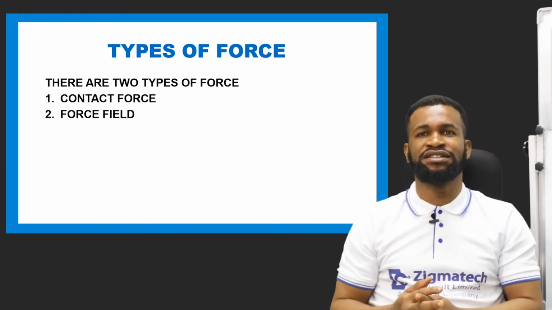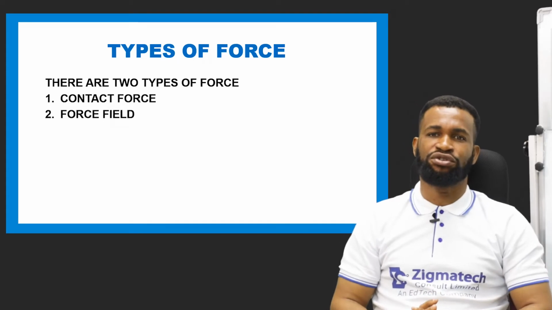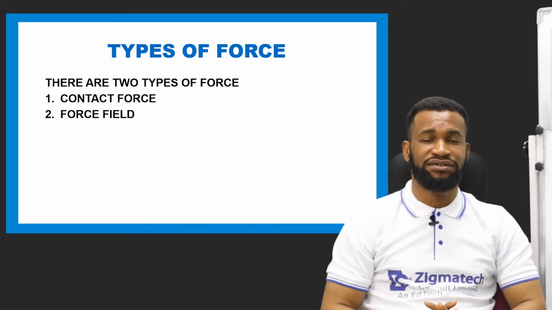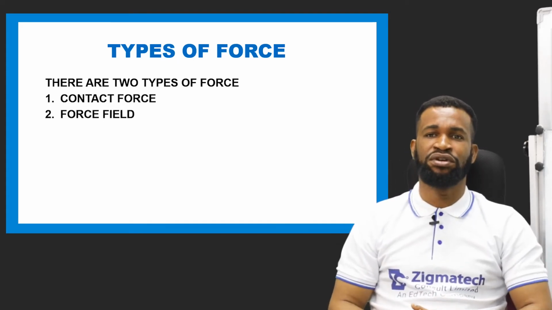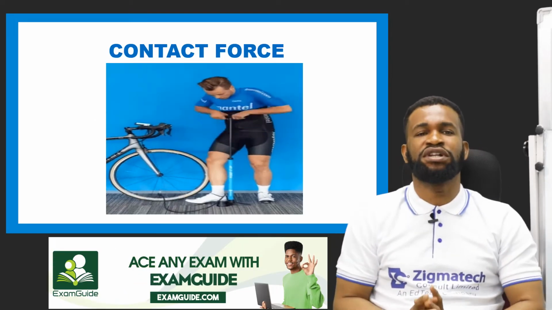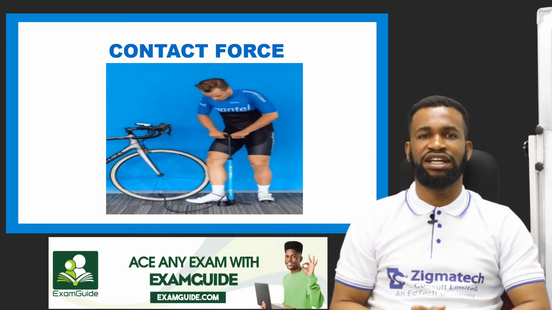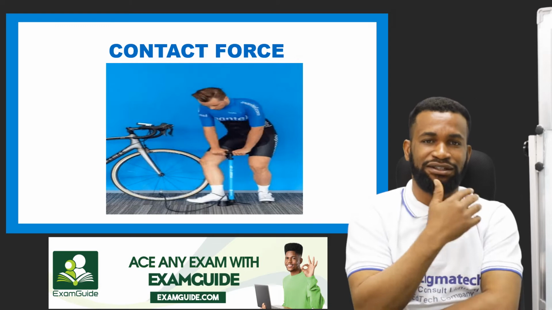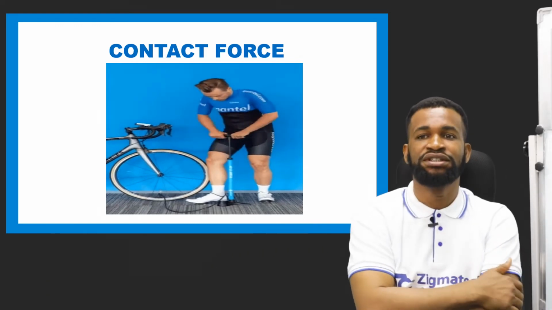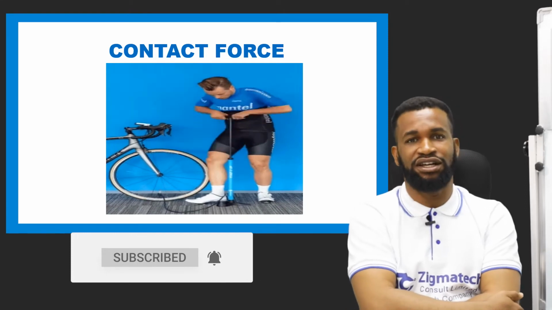Now, there are different types of force. The first one is called contact force, and the second one is called force field. What is a contact force? As you can see, the young man is using the pump and applying the force at the handle, pushing the air down in order to inflate the tire.